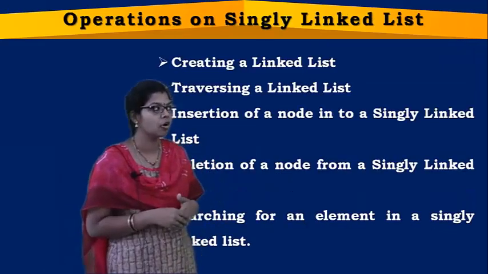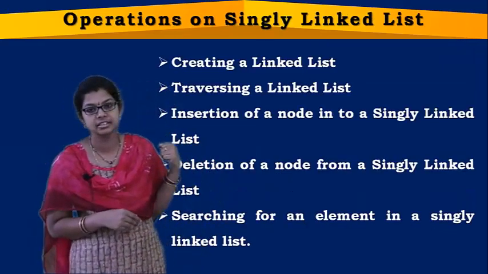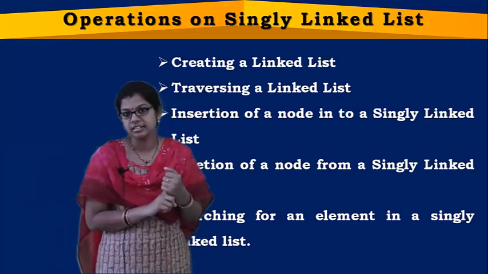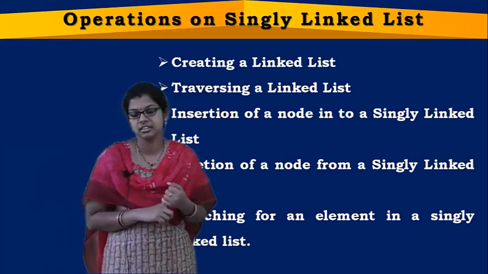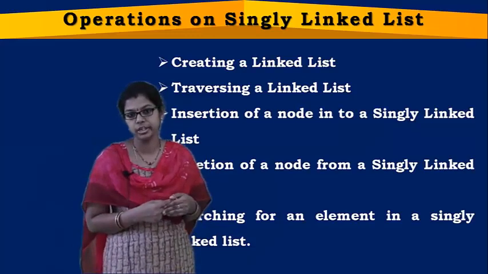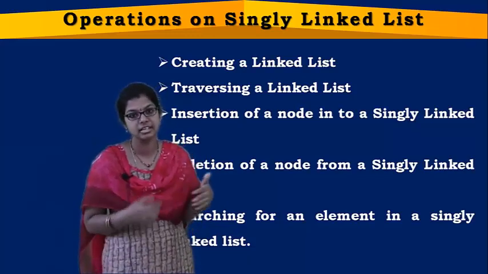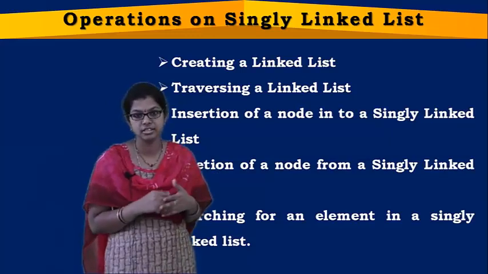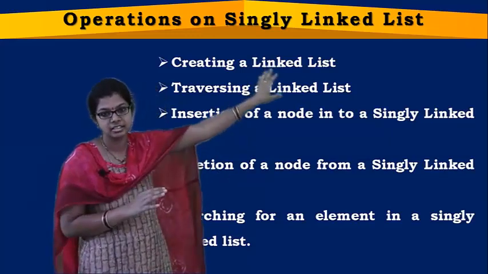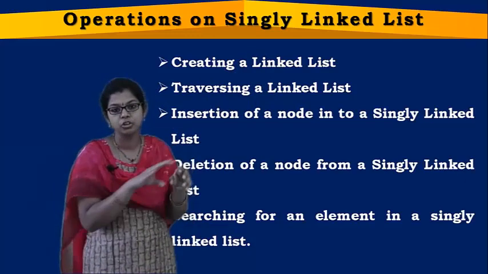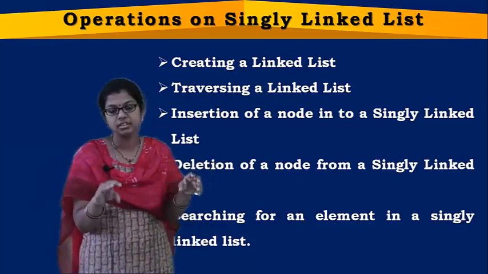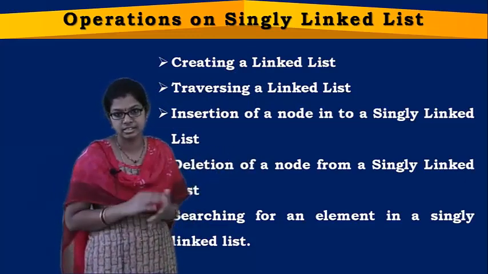Now coming to the operations of a singly linked list: creating a singly linked list, traversing a linked list, inserting a node into a linked list, deleting a node from a singly linked list, and searching for a node in a singly linked list. Creating a linked list means you are going to create one normal singly linked list.